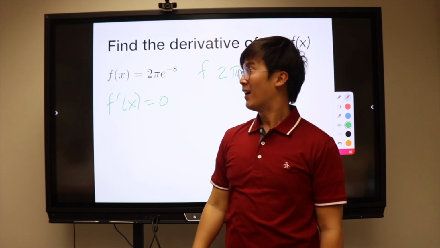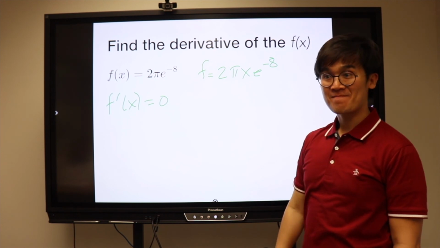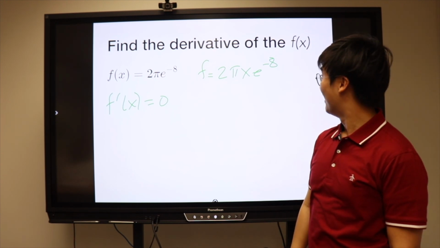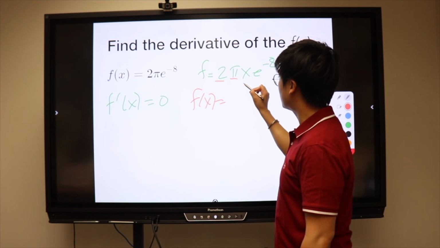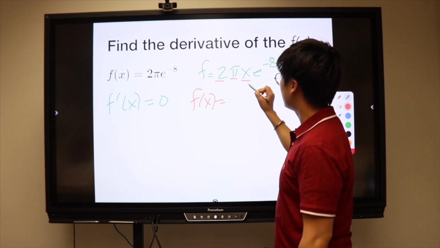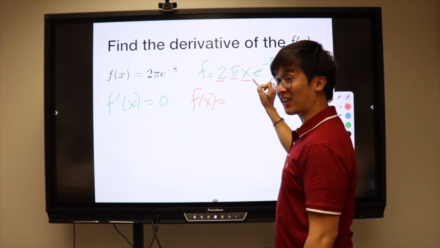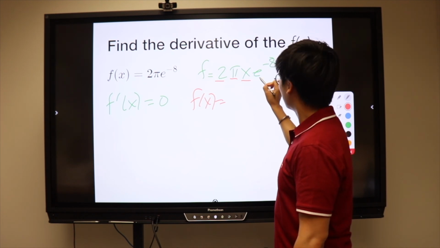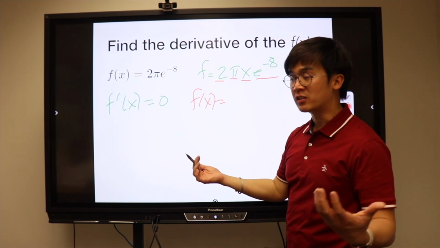Okay. Do you know how to find the derivative of this? What is the derivative? Is this a constant? Yes. Is this a constant? Yes. Is this a constant? Yes. No. Wait, x. Is this a constant? Yes. We'll use the constant rule.